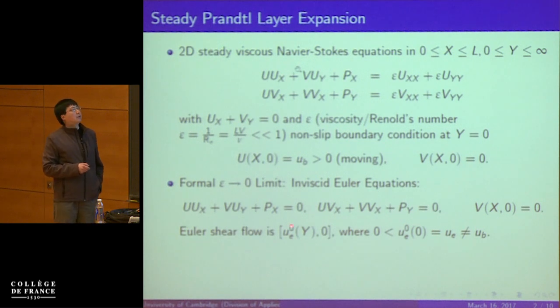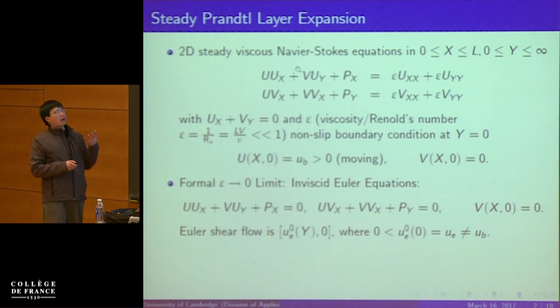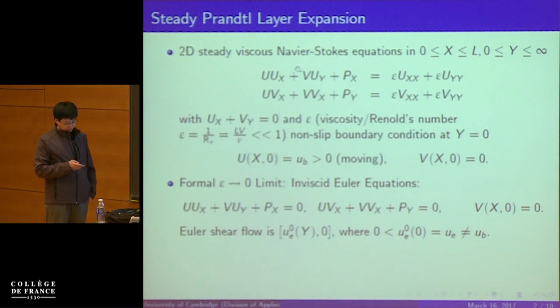Only those two flows make this equation satisfied. That also tells us that there is a big difference between real and ideal. As a matter of fact, it's still an open problem to see whether or not you can construct some solutions of the real flow near those steady states.